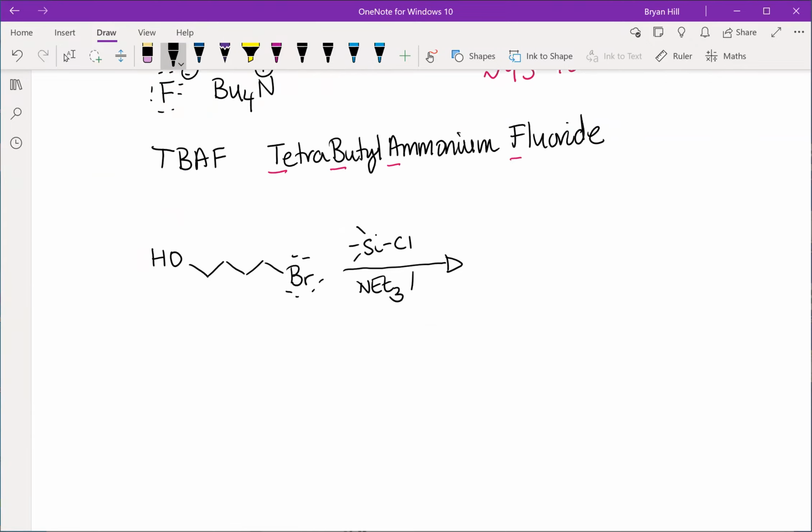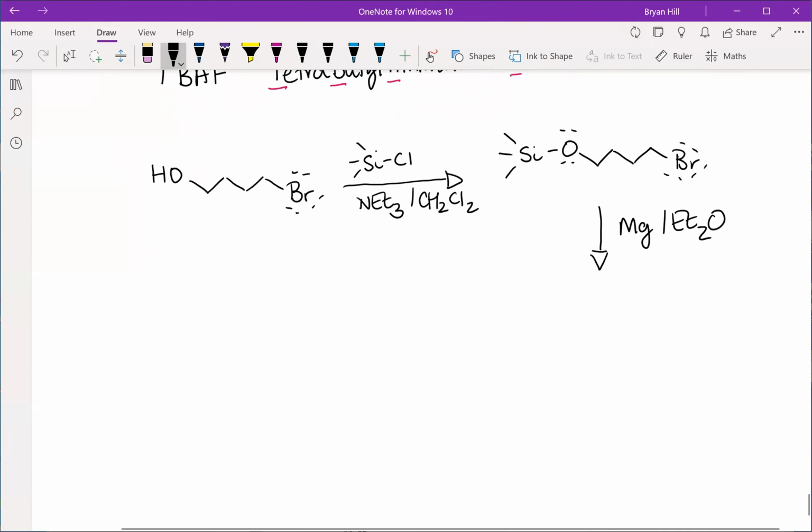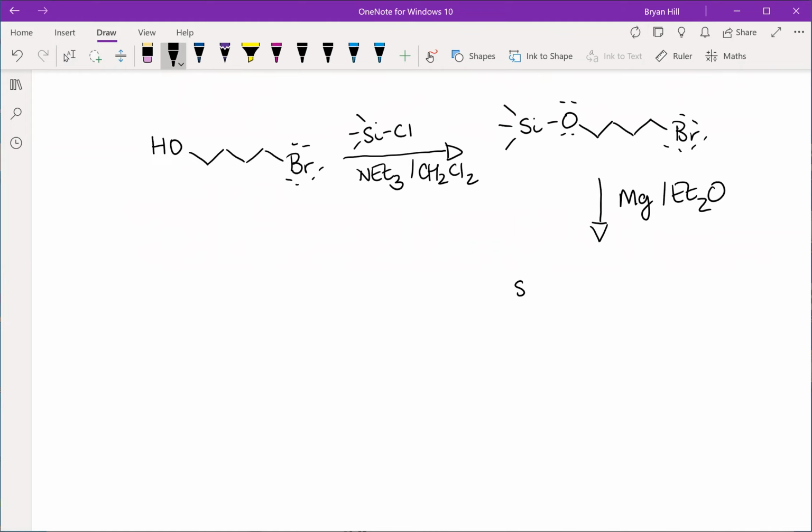So anyway, the first step we would react this with triethylamine, dichloromethane, and this would give us the silyl ether. Our next step would be the magnesium in ether. This would form our Grignard reagent.